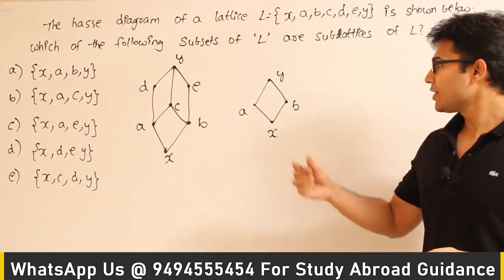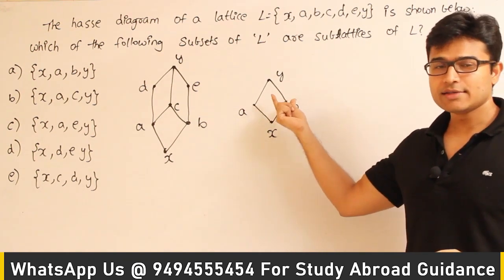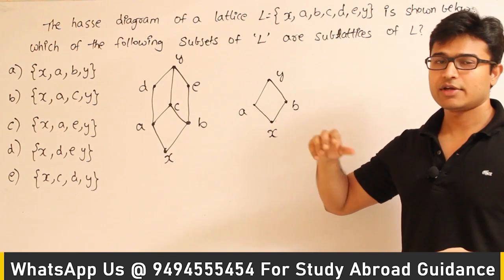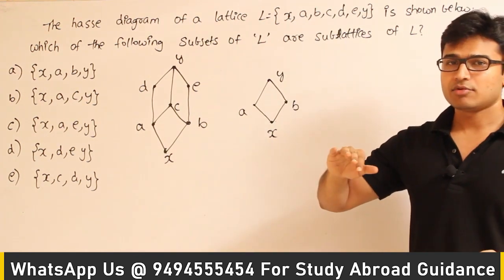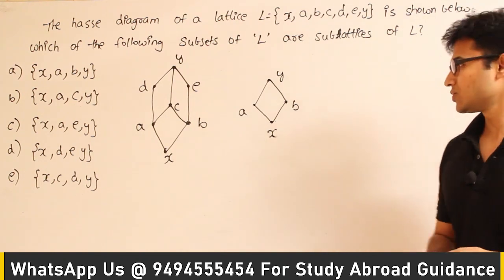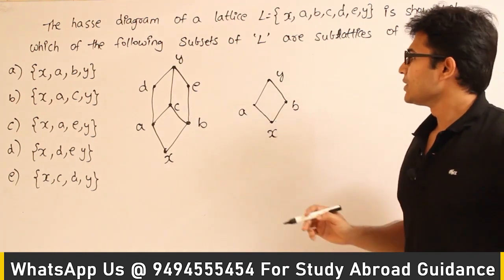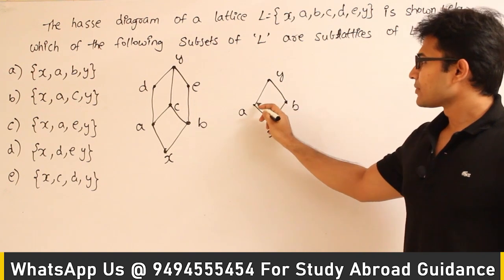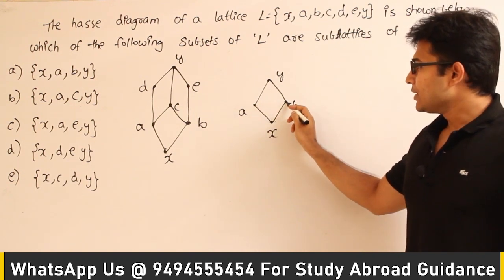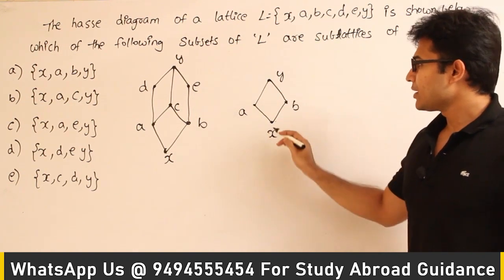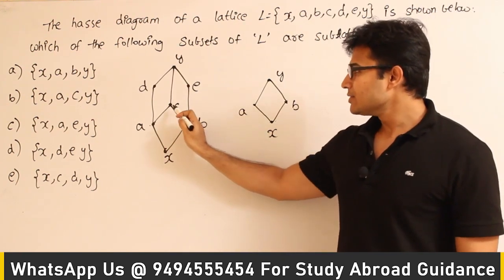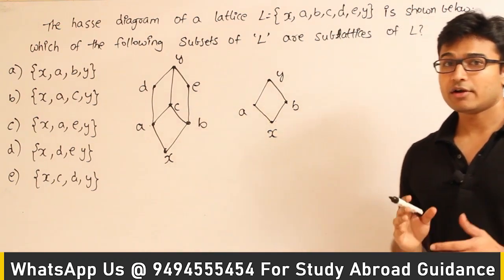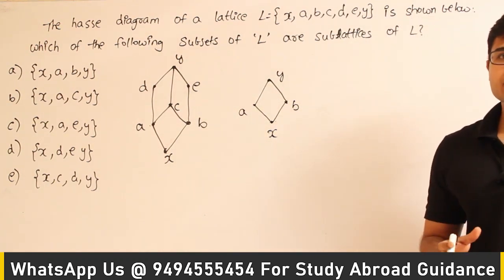Now try to find the greatest lower bound and least upper bound for every pair of elements, and they should be the same in the subset and the original. Let's see this. If you look at a and b, here the least upper bound is y and the greatest lower bound is x. In the original diagram, the least upper bound of a, b is c, so they are different. That is why it cannot be a sublattice.